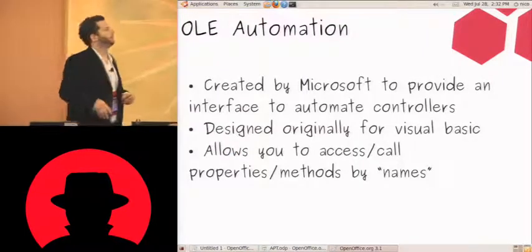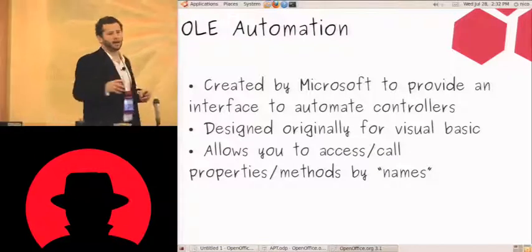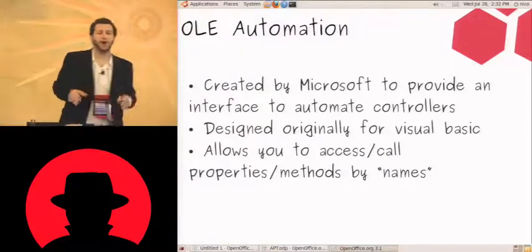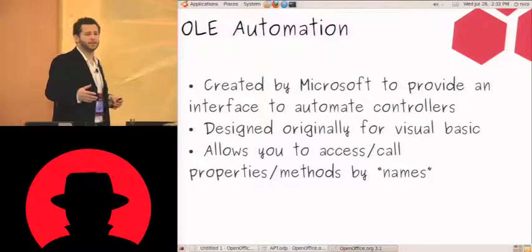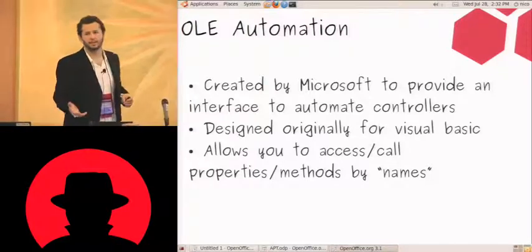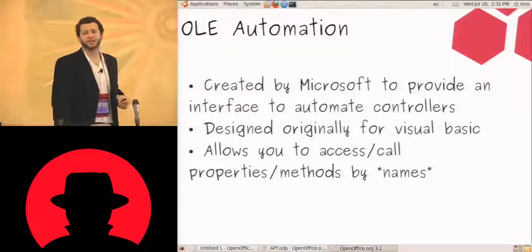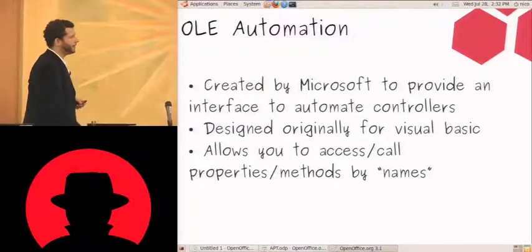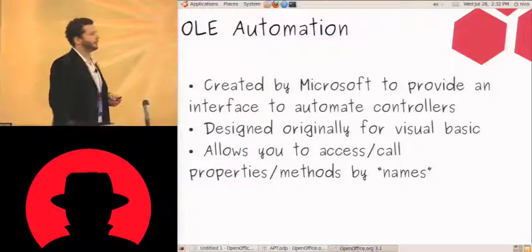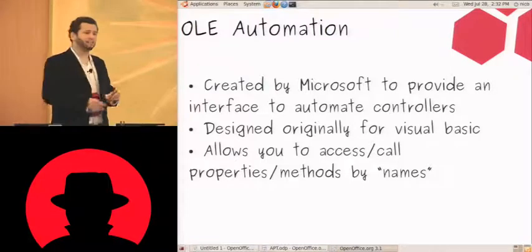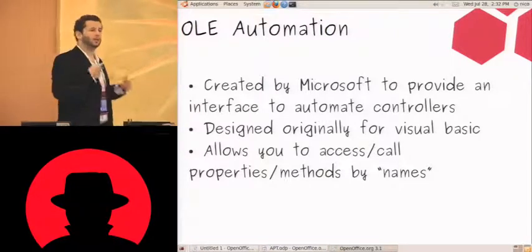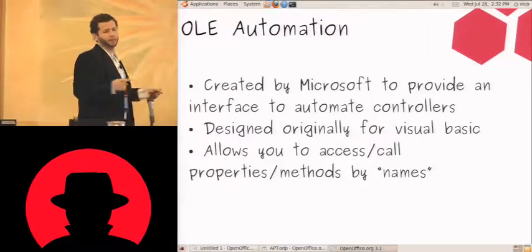After creating COM, they came out with a new way to automate objects in order to use them in programming languages such as JavaScript or Visual Basic Script, which are managed languages. In order to do that, they created a new interface called IDispatch, which basically does the resolution of functions based on names.